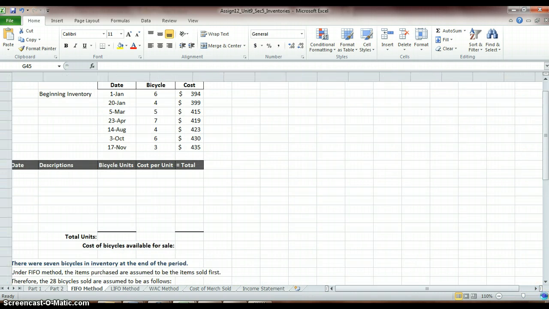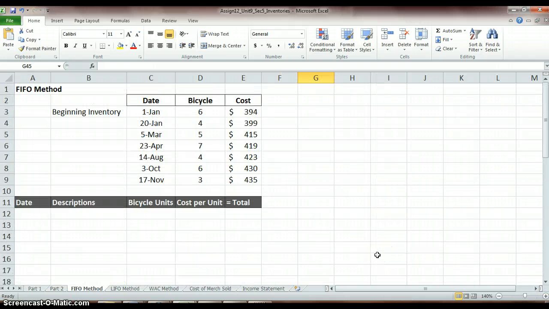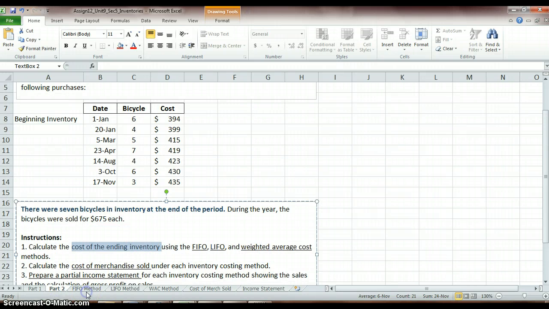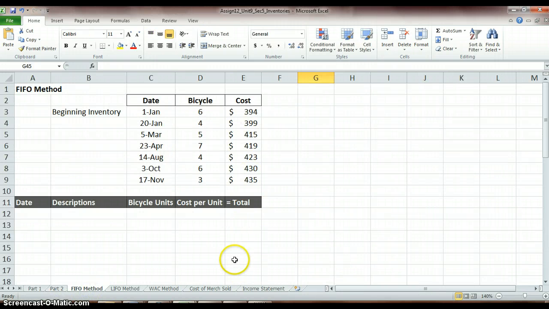And I put all the information at the top that we're going to need. So first, in this FIFO method, I put this table to show the total that we paid for each bike, so we want to find the total cost of merchandise that we have available.